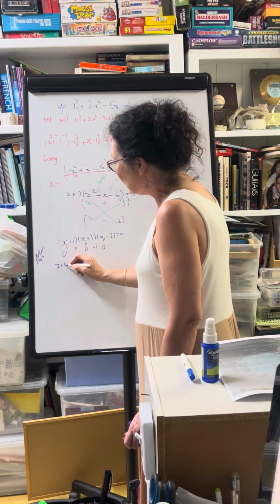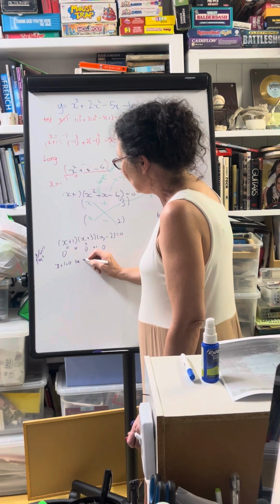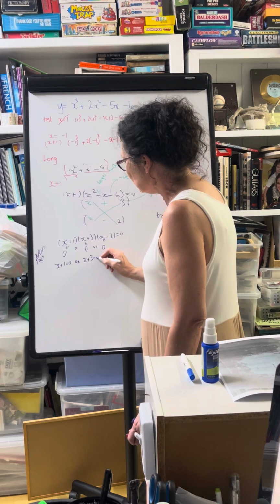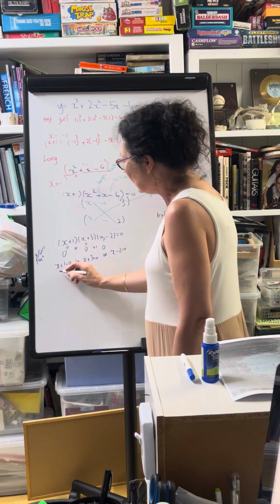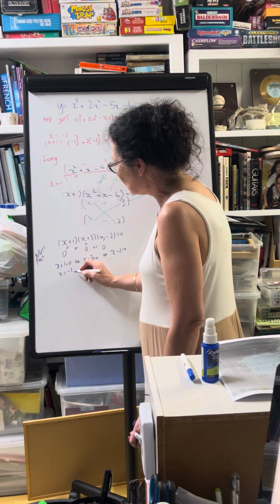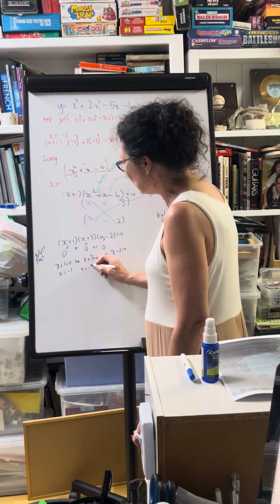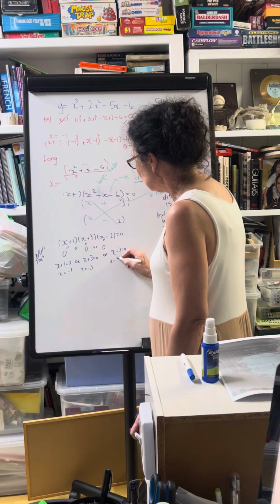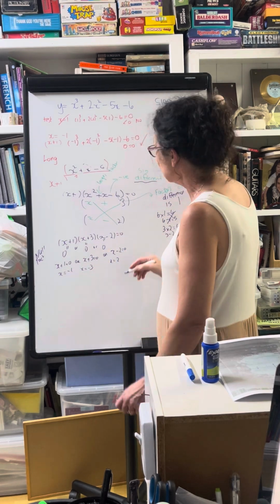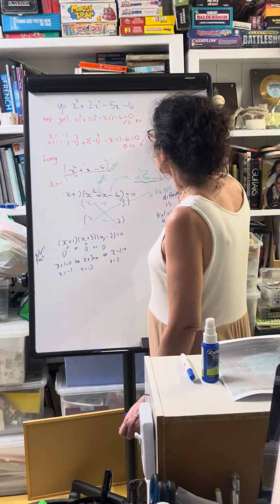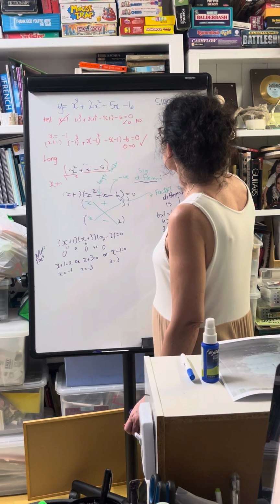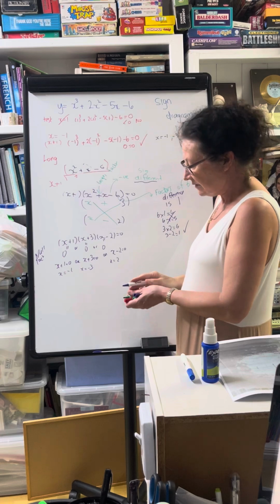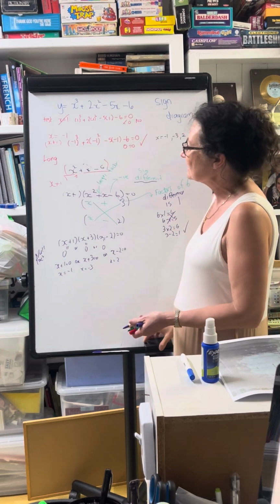So we get that x plus 1 equals 0, or x plus 3 equals 0, or x minus 2 equals 0. And then we just get that x is equal to minus 1, or x is equal to minus 3, or x is equal to 2, because you take that to the other side. So then we find that we have x equals minus 1, minus 3, or positive 2. That's by factorising, which we did the other day.